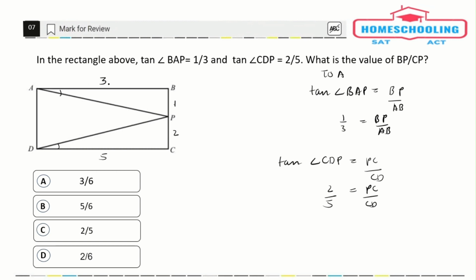As we know, they are in proportion of 2 is to 5, and in this triangle these two sides are in proportion 1 is to 3. As we know that in rectangles, these two sides would be equal. Similarly, AD and BC would be equal, and AB and DC would be equal.